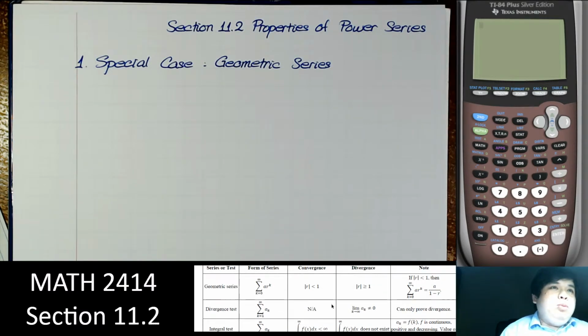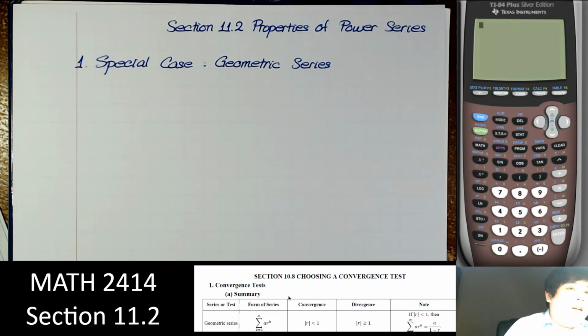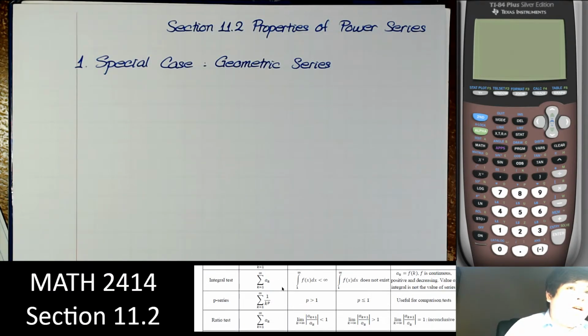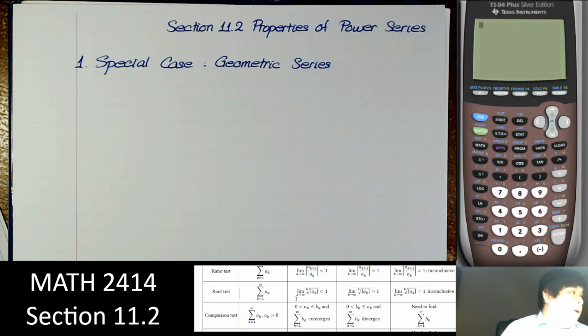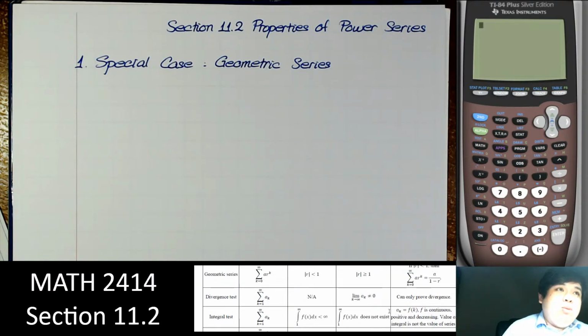If we go to section 10.8, when we learn about all of the convergence tests, you see all of these tests only tell us if it is convergent or divergent, and did not tell us what the sum is, except for the geometric series.